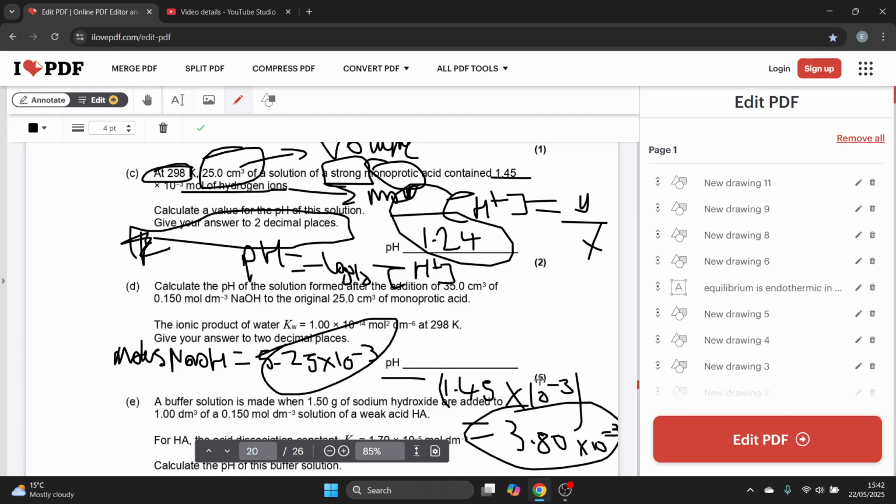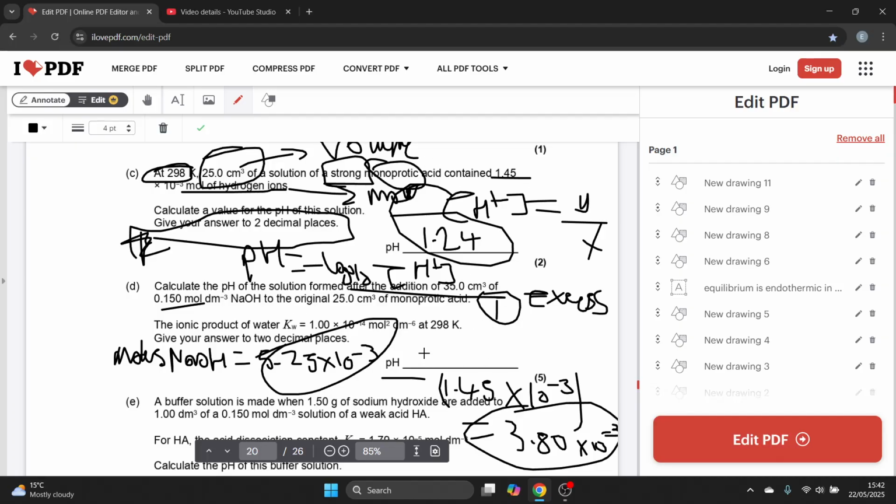Honestly, the only difficult part is just identifying the first part. If I'm adding this much, first look at the moles, then I can clearly tell. So with these questions, you always need to identify which one's in excess. Once you identify which one is in excess, I'm subtracting that because it's reacting with that, and that's it.